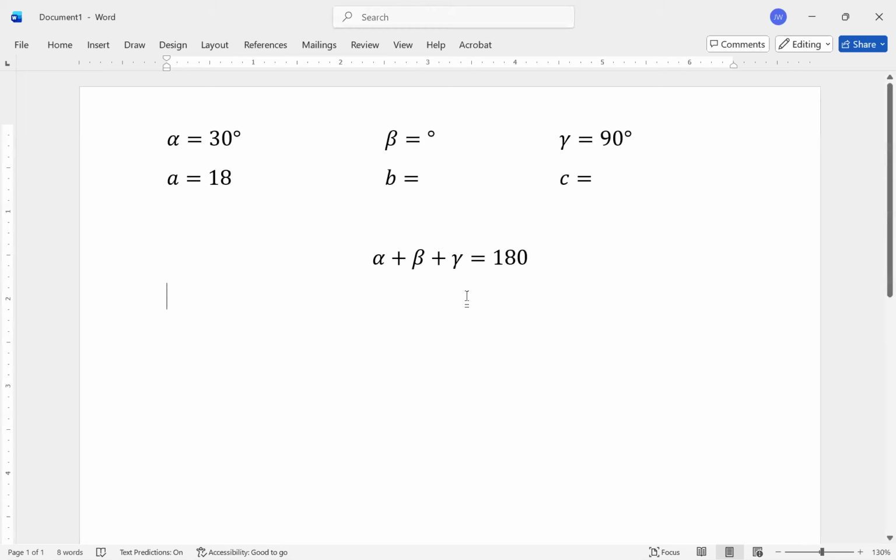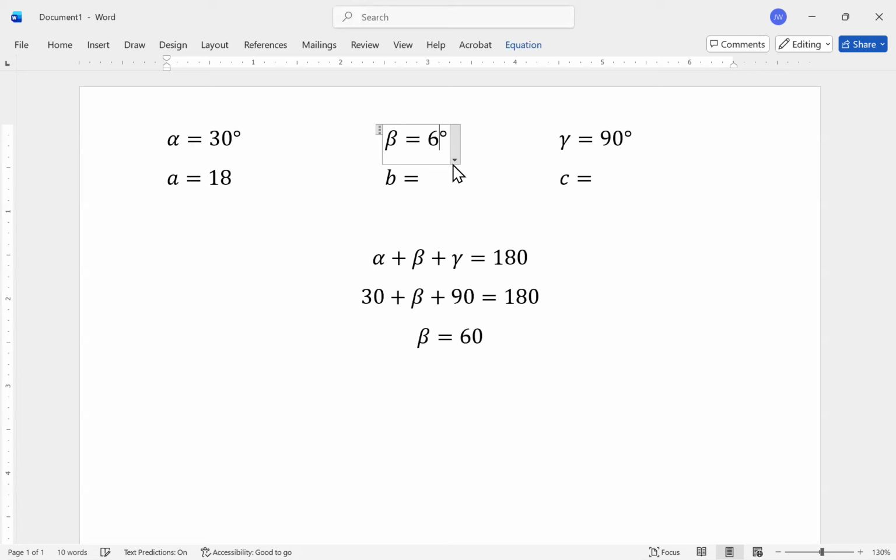All right, let's do this using the law of sines. So again, we're given two angles. So the first thing I do is find that third angle. In this case, the third angle is beta. Doing basic arithmetic gives you that beta is equal to 60 degrees. So this is a 30, 60, 90 right triangle.